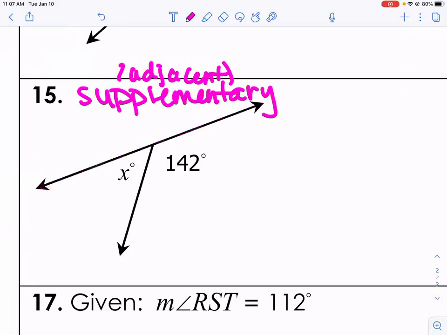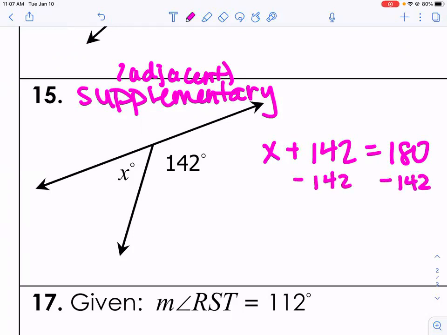So we know that X plus 142 is going to equal 180. Bella, is that right? 38, 180 minus 142.